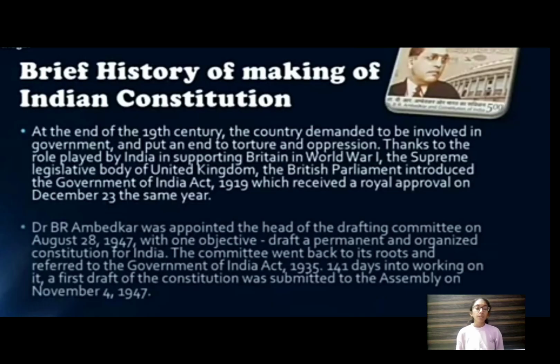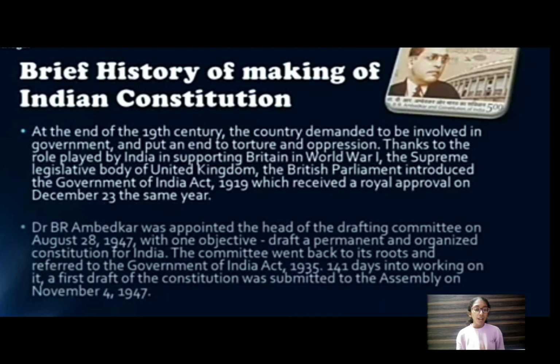And now let me tell the brief history of the making of the Indian Constitution. At the end of the 19th century, the country demanded to be involved in the government. Thanks to the role played by the Indians supporting the British in a world war, the British Parliament, the supreme legislative body of the United Kingdom, introduced the Government of India Act, which received royal approval on December 23rd of the same year.